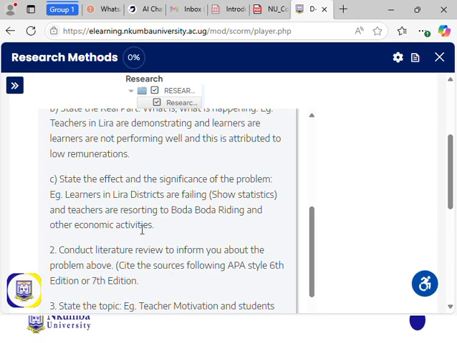So then you put that report of the person who is saying they are on boda boda. If it is a district report saying that, you can put Lira District Report of which year? 2022.